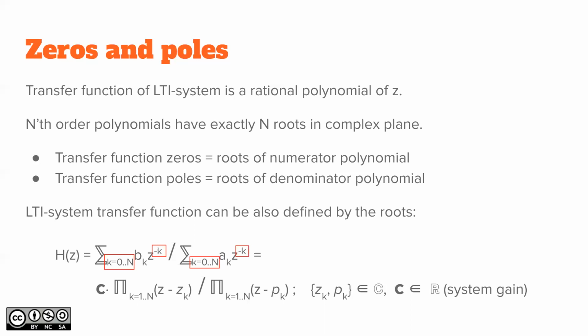And we have the roots. Zeros, and the denominator polynomial's special points are poles. By the way, we also have a couple of other things like BK and AK.